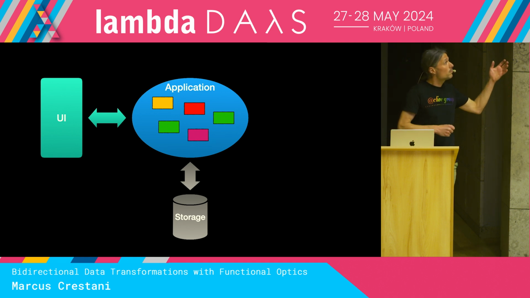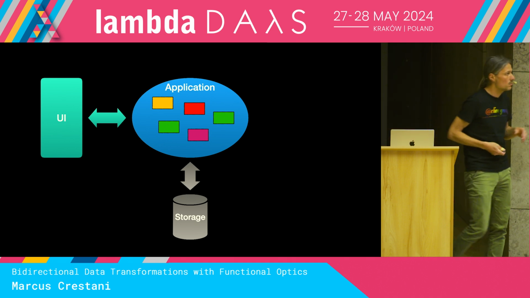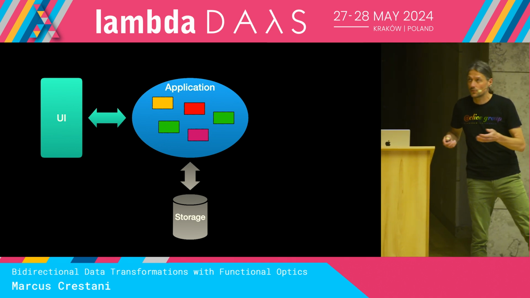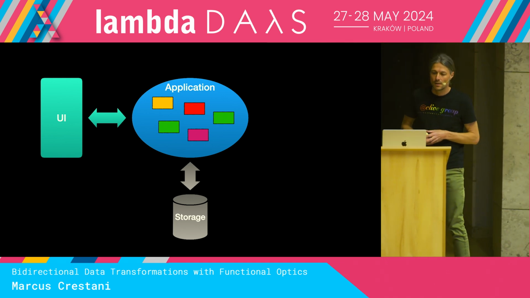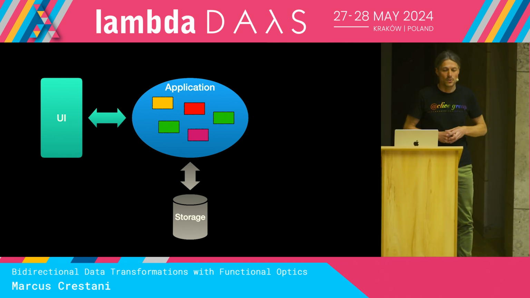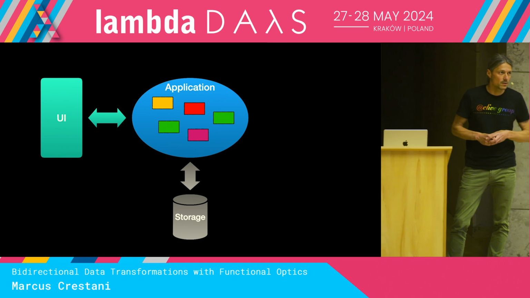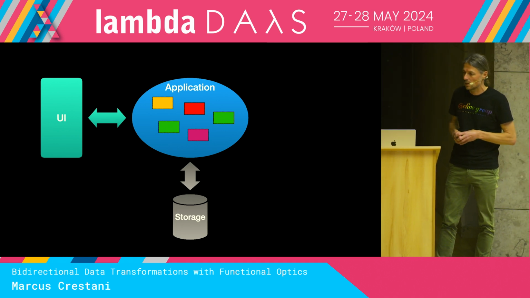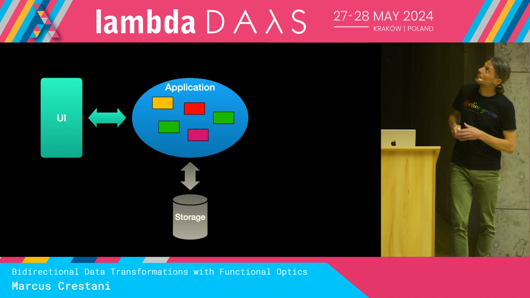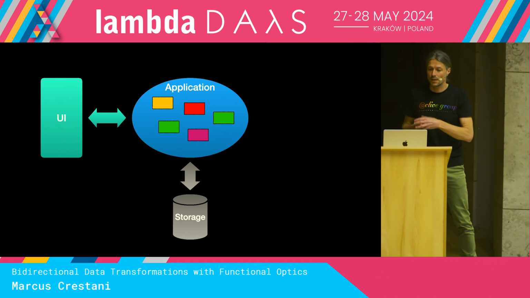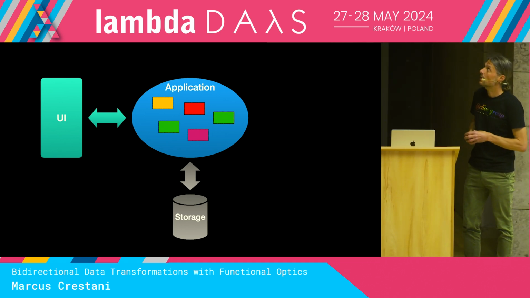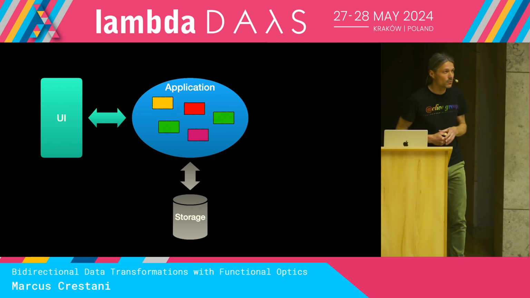And of course, our users want to interact with our application through some kind of user interface. Maybe we are working on a client-server application, a web application with a web front end, like the kind of client-server architecture that is typical nowadays to structure software applications. For the users to be able to view and to manipulate our application's data, we need to move the data across the greenish arrow.